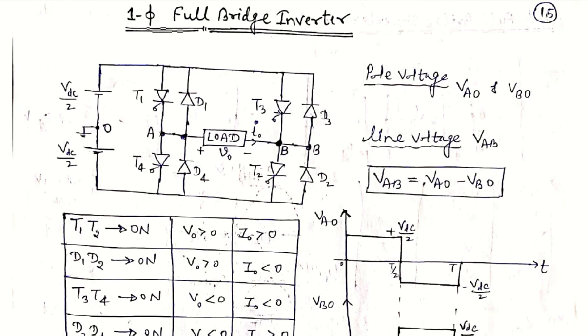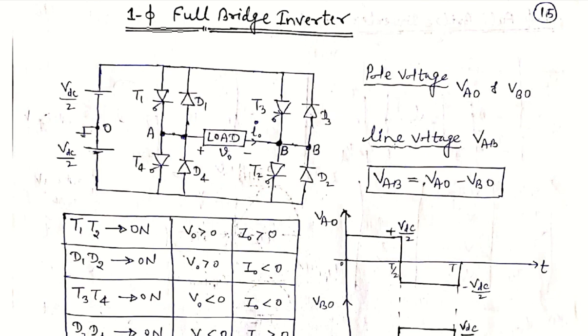So if we calculate the voltage of point A with respect to O, then it is the pole voltage, or the voltage of the output terminal of this leg with respect to the midpoint of the DC bus voltage. So it is VAO, the voltage of A with respect to O, and in the case of B it is VBO, B with respect to the O point.